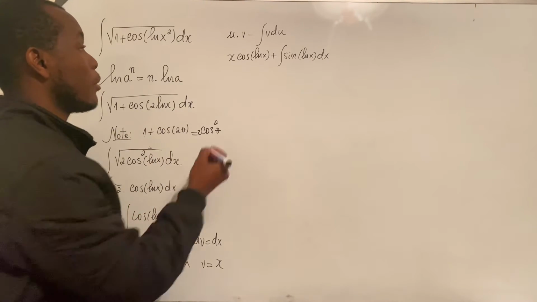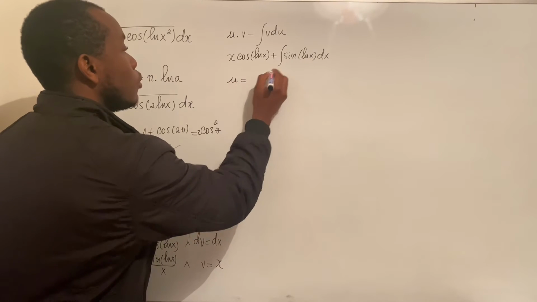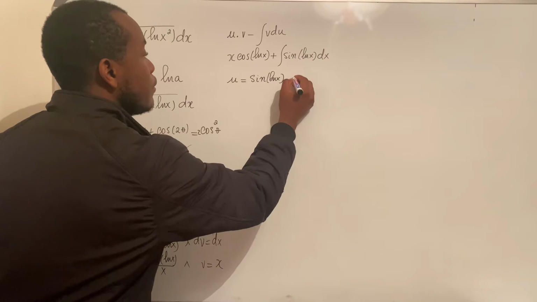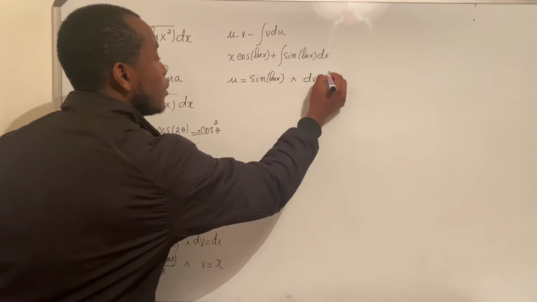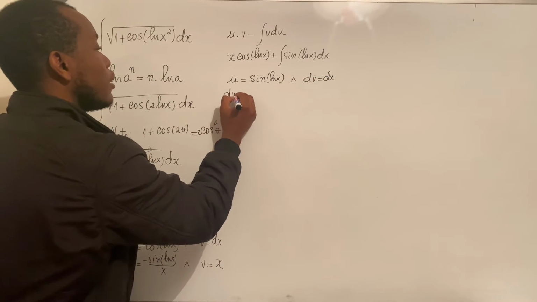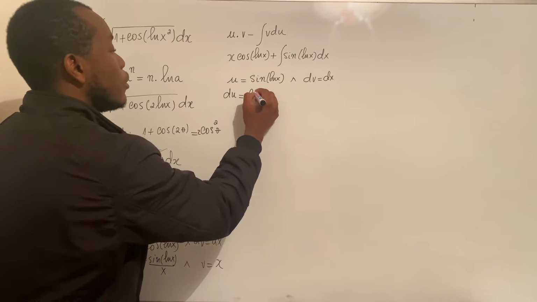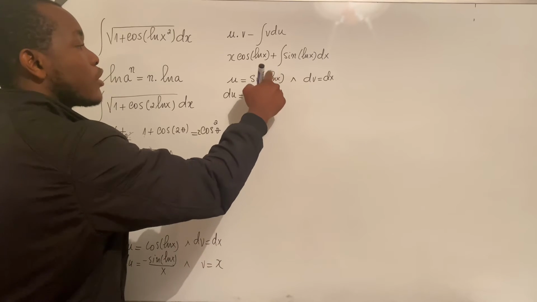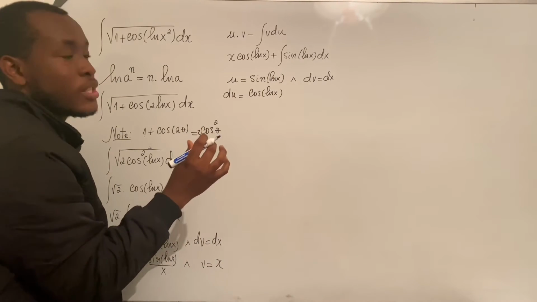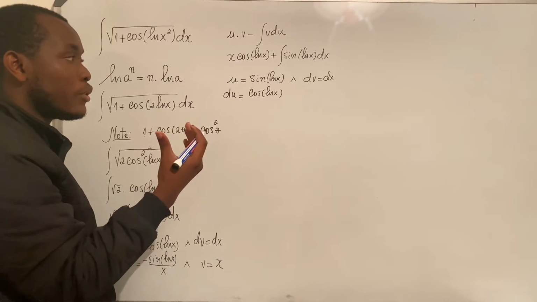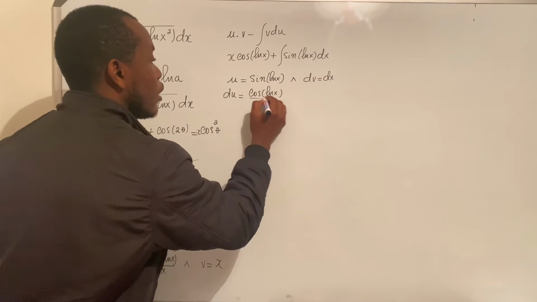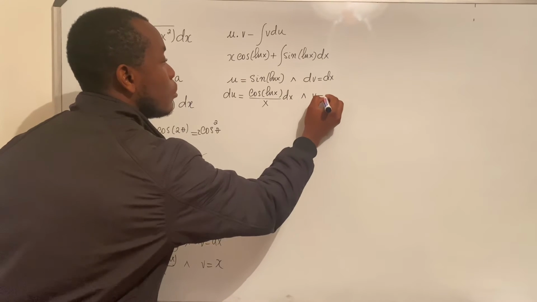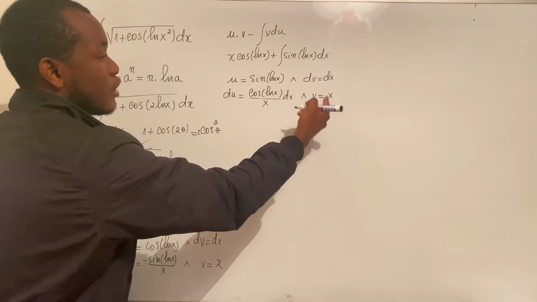Applying by parts, we take u to be sine ln x, and the rest, dv, is equal to dx. If we differentiate, the derivative of sine is cos, so it's cos of ln x. But it's a composite function, so I differentiate the argument because it's not simply x, it's ln x. The derivative of ln x is 1 over x. So du is cos ln x times 1 over x dx, and v is equal to x because the integral of dx is x.